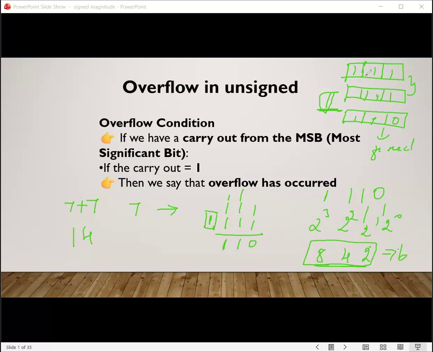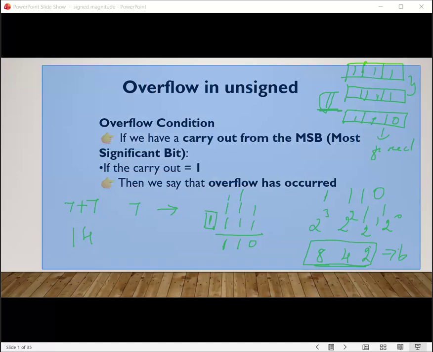The computer has to identify the overflow and rectify the problem, and only then can it take appropriate measures so that the operation is performed. It is the responsibility of the operating system or the compiler. This is why detection of overflow is necessary. This is for unsigned numbers.